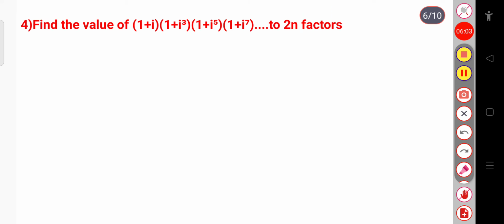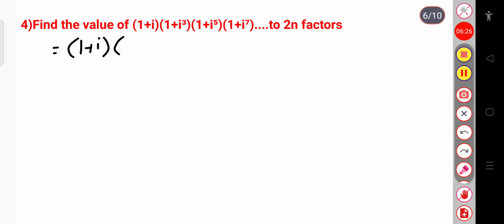Here it is given: what is the value of (1 plus i) into (1 plus i cubed) into (1 plus i to the power 5) into (1 plus i to the power 7), and so on up to the 2n factors. So let us see, the first term is 1 plus i and the second term is 1 plus i cubed.